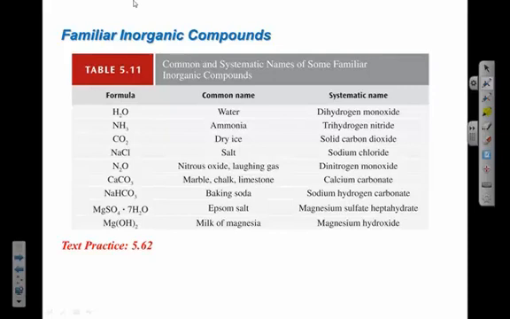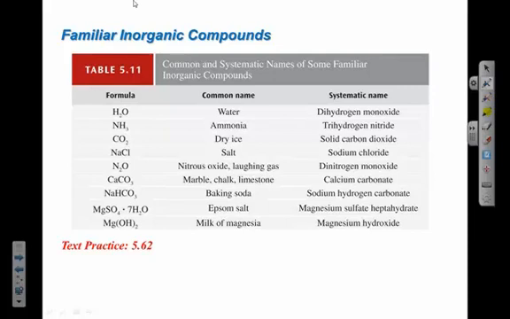Just want to do one other quick example here, just to illustrate. If I give you a couple formulas to deal with, so if I tell you that you have an ionic compound and I want you to give the formula, I might do something like this.